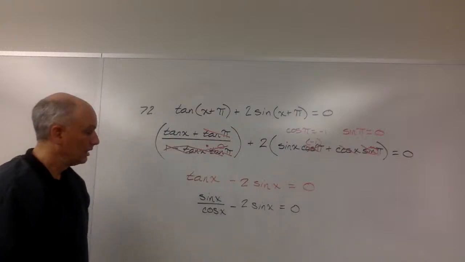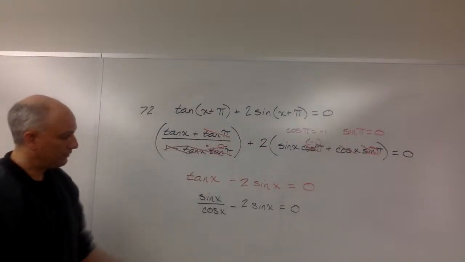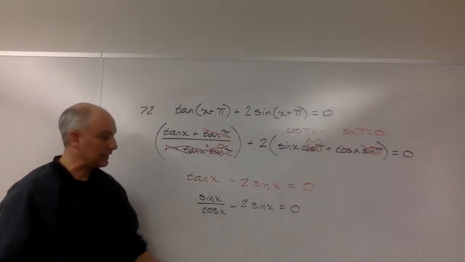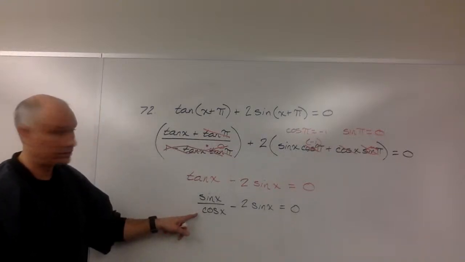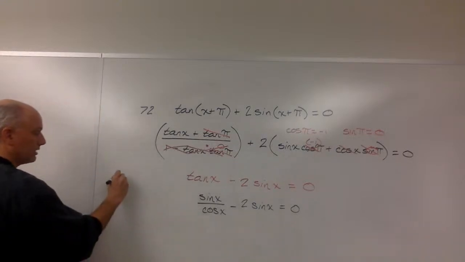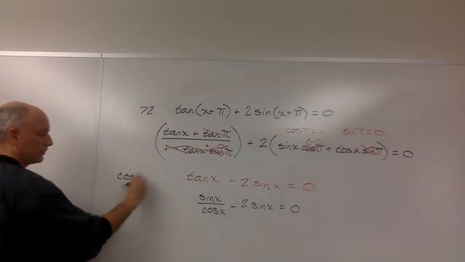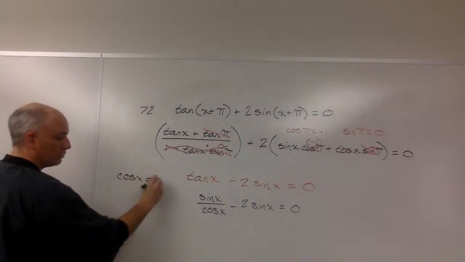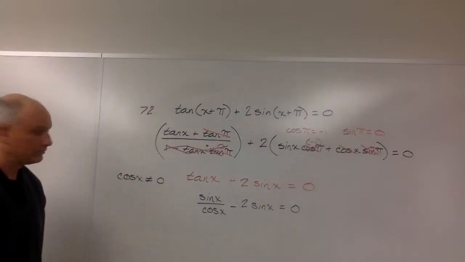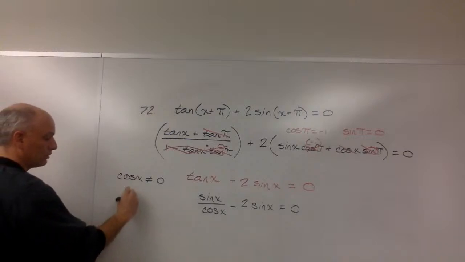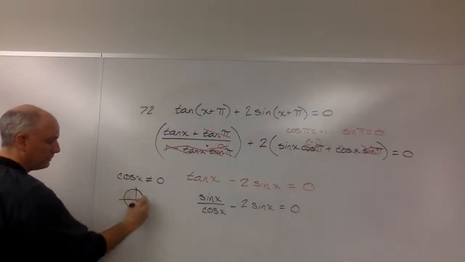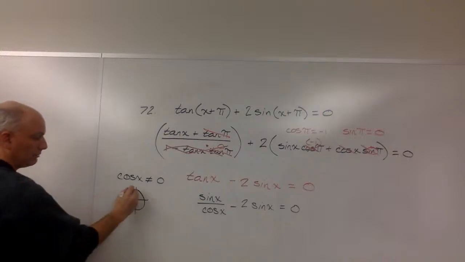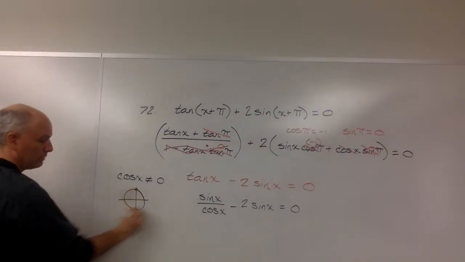All right. Now, because of the fact that I've generated a denominator here, this is also going to give us a restriction we have to consider, is that cosine of x cannot be equal to 0. So again, that's going to eliminate some values. If we consider where that's happening, that's going to happen at pi over 2 and 3 pi over 2.